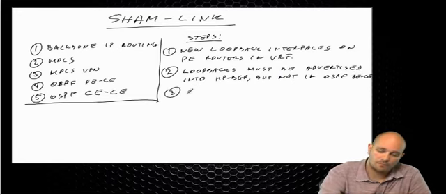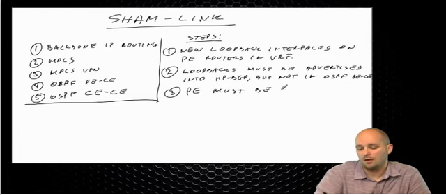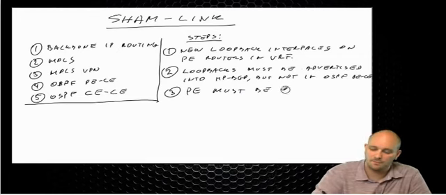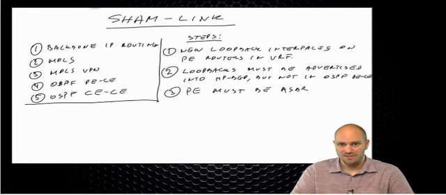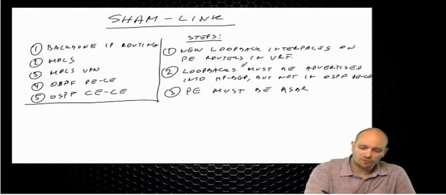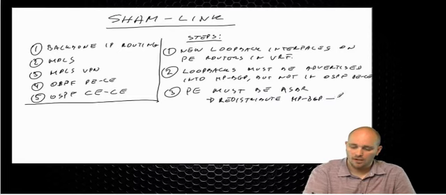Number three, PE router must be ASBR. The best way to ensure that PE must be ASBR is to actually configure something to redistribute from MPBGP into OSPF.